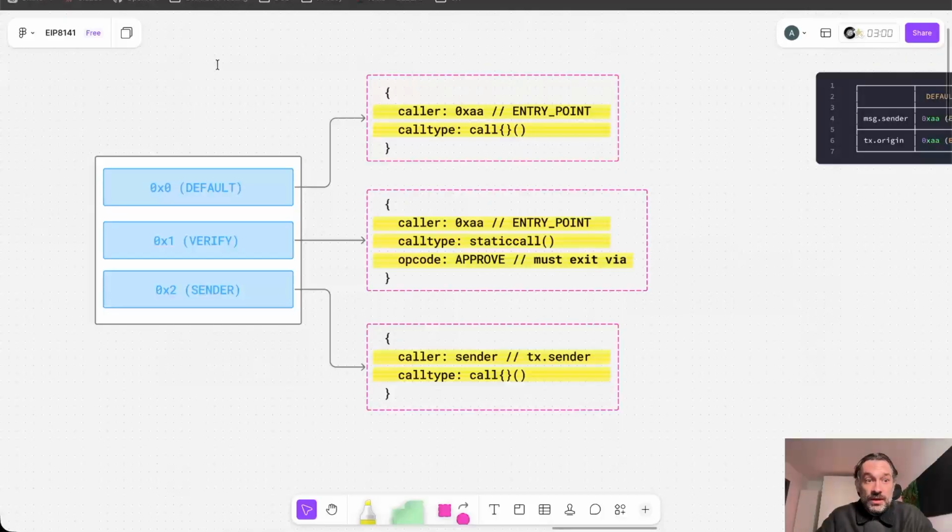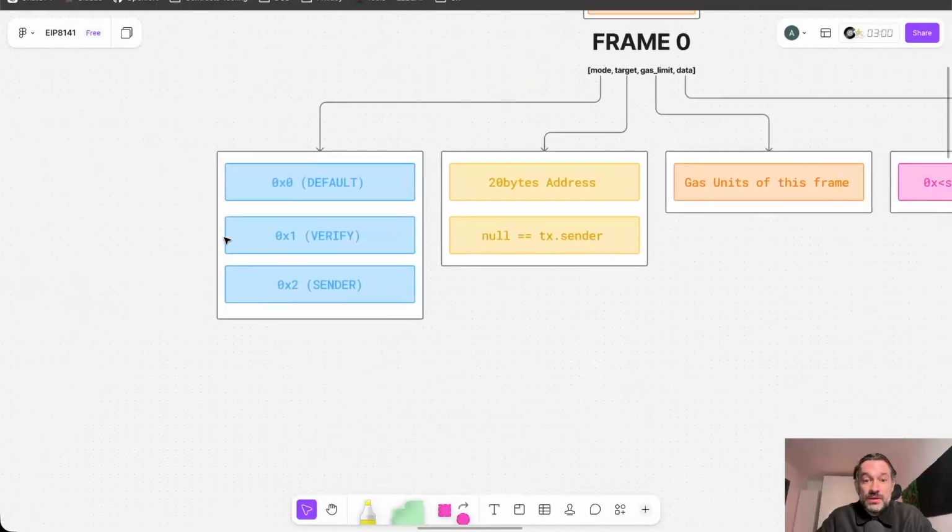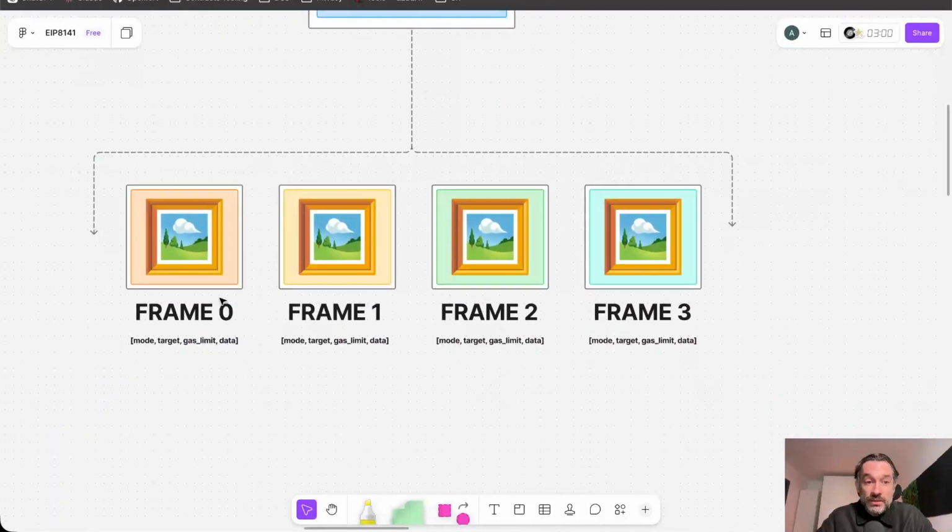So in verify mode, as you remember, we need to end up with the new opcode approve. After the verify, we can send the mode to sender. If we look at the structure of the frames, technically the first frame should be the verify frame, and then we can execute the frame with mode sender.